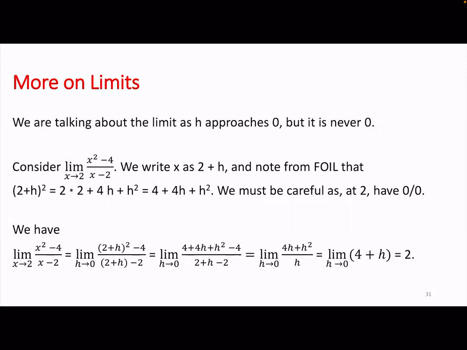We can't compute infinity over infinity. We can't compute 0 times infinity. We can't compute 0 over 0. We can compute 0 divided by infinity. That's okay. 0 divided by infinity is just going to be 0. But here we can't do 0 over 0. But if we look at the limit, it actually makes sense.